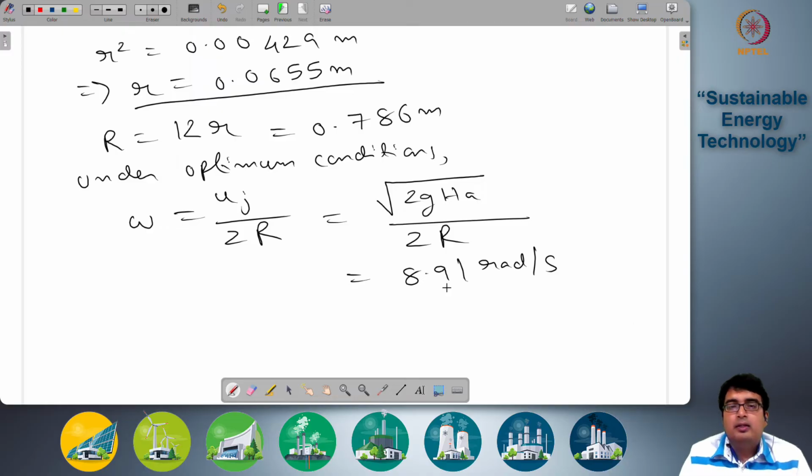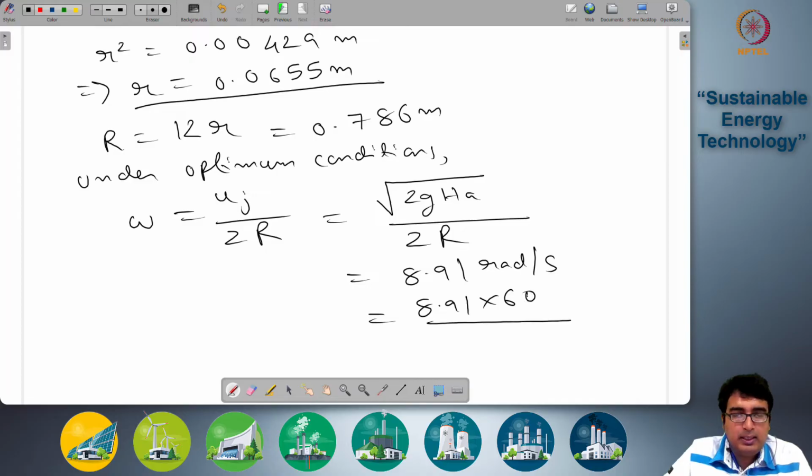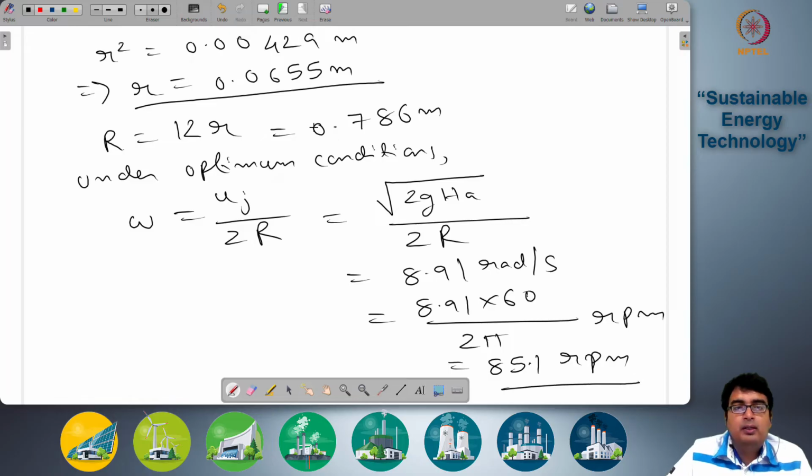Okay, now this is in radians per second, so if you want this in revolutions per minute, then it becomes 8.91 into 60 by 2 pi. Seconds to minutes is 60 and radians to revolutions is divided by 2 pi. This is 85.1 RPM. So these are your three answers that you are looking for.